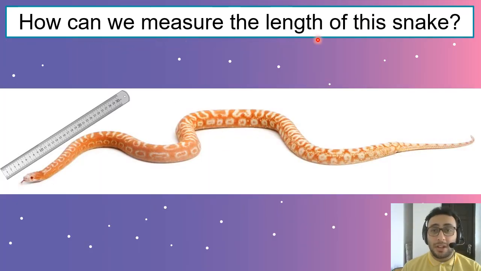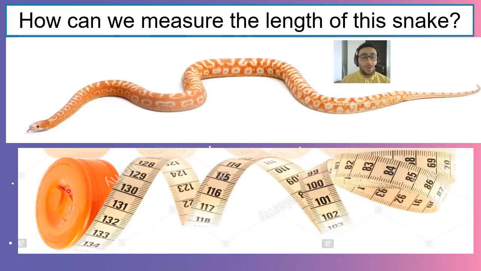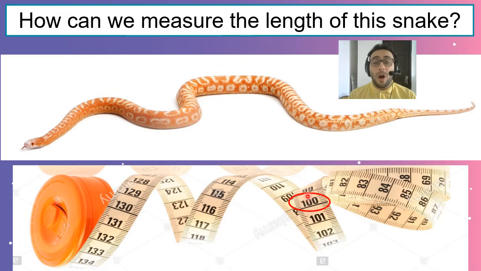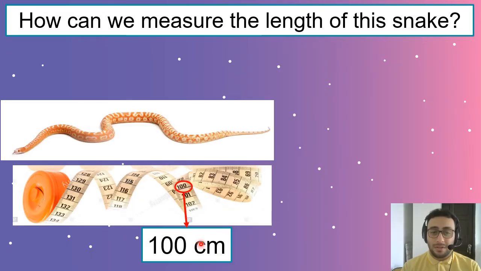How can we measure the length of this snake? Guys, we cannot use a ruler because the snake is all wiggly. So we can use a tape, right? We can use a measuring tape. Now let's say this snake is 100 centimeters, right?